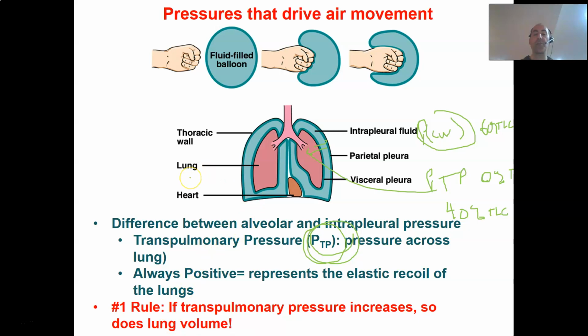Number one rule: if transpulmonary pressure increases, so does lung volume.